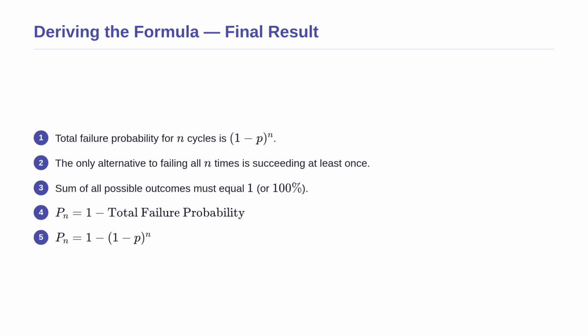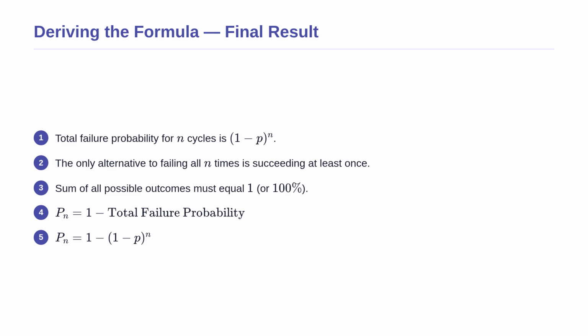Continuing our derivation, multiplying 1 minus p by itself n times gives us the expression (1 minus p) raised to the power of n. This represents our absolute worst-case scenario, total failure across all attempts. Now, in probability, the sum of all possible outcomes must equal exactly 1, or 100%.